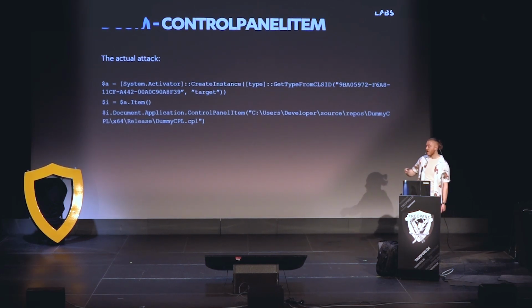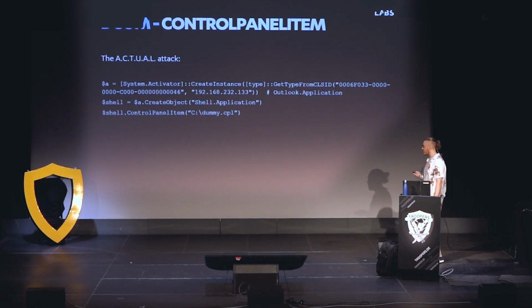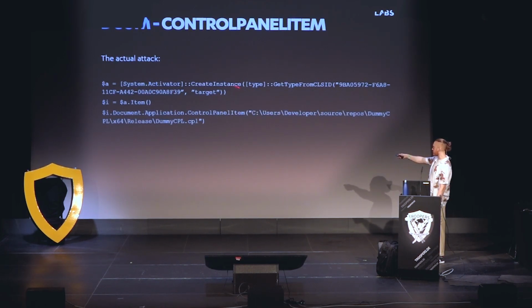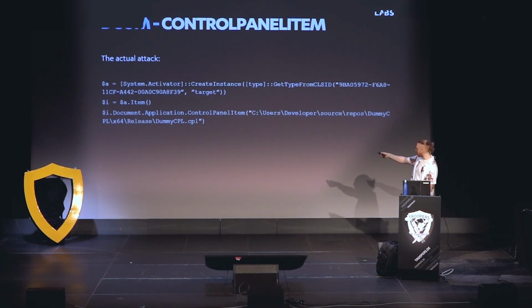Dropping that on disk can be done by SMB or whatever, and you will just load the CPL file. One problem though: if you try to do this on a recent Windows system, it's probably not going to work, because I don't know if it has been documented before, but the ShellWindows COM object that was getting abused quite a lot to execute commands on remote hosts, there is something that just doesn't work anymore, right? You get an access denied.